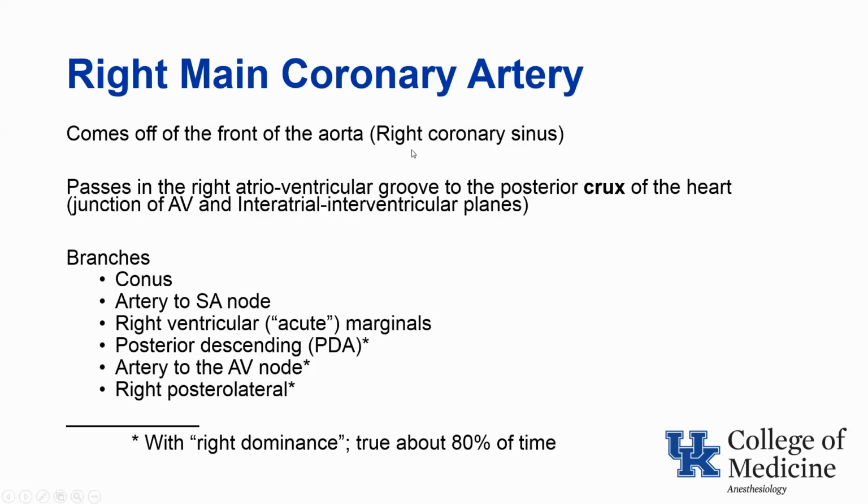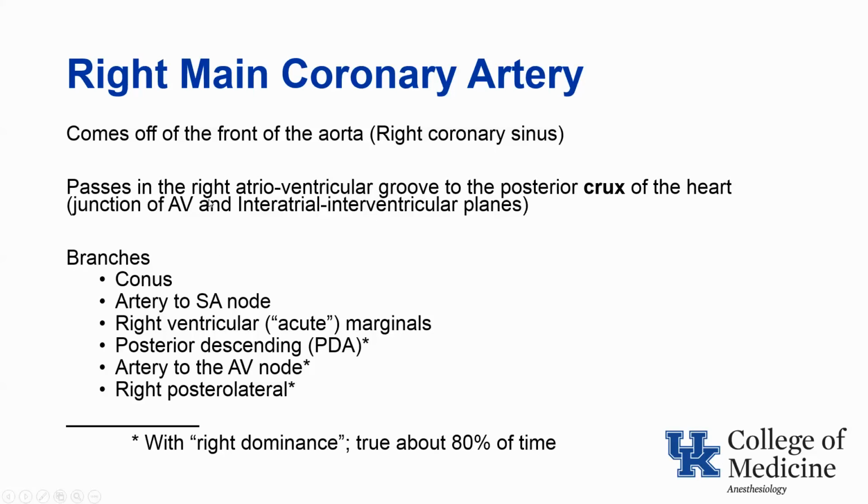The right main coronary artery comes off the front of the aorta from the right coronary sinus. It then passes in the right AV groove posterior to the crux of the heart, the junction of the AV and interventricular septal planes.